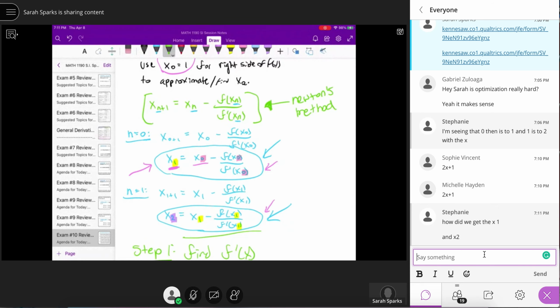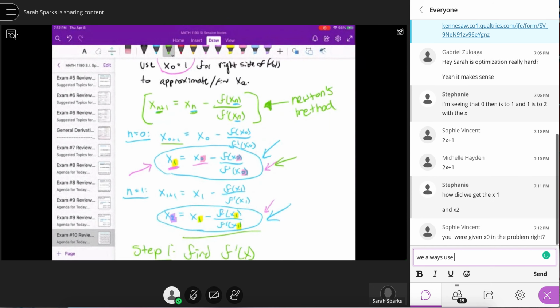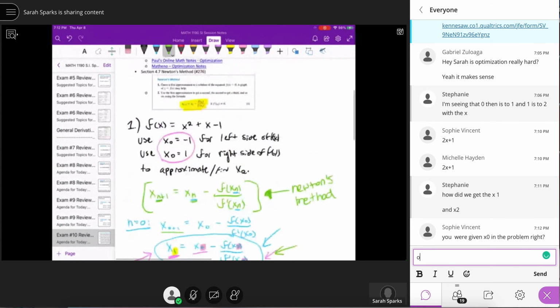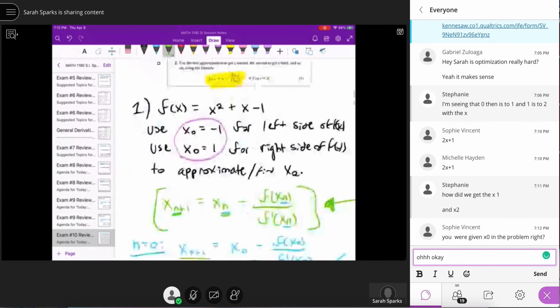And then you're going to write the function again with n equals 1. So wherever we see these n values, we're going to plug in 0. And so that's what we did right here. And then that's how we got this function right here. x1 is equal to x naught minus f of x naught divided by f prime of x naught. Yeah, we were given x naught in the problem.